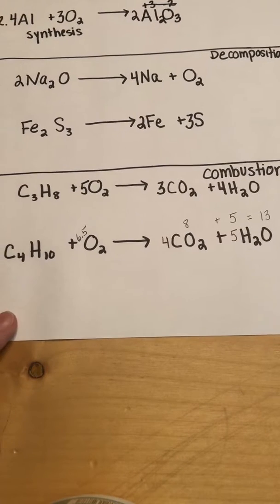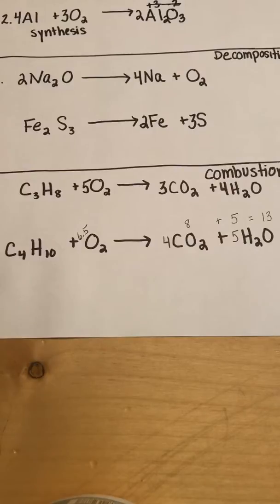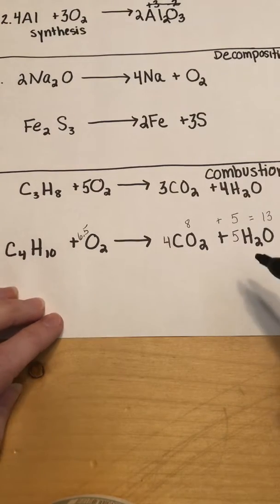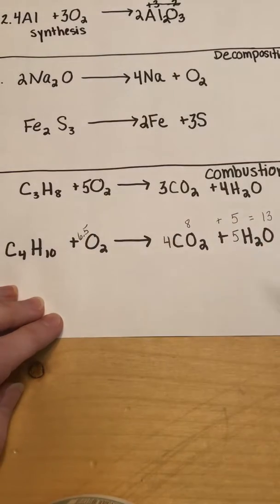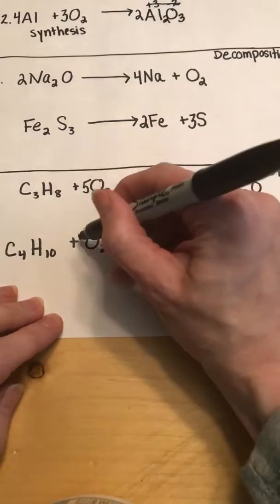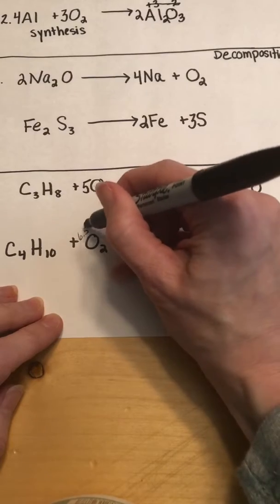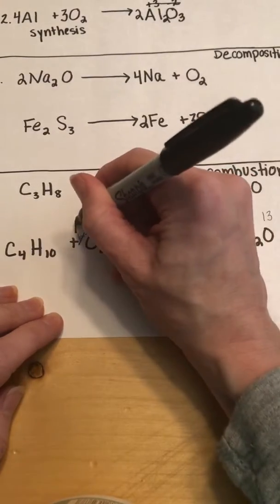So whenever I tell students, if you're balancing combustions in this manner and you find that you need that half in order for it to balance, just go through and multiply it by 2 in order to put it into a whole number. So 6.5 times 2 is going to give me 13.